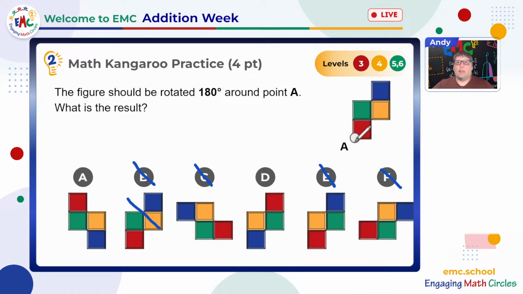If I've only gone halfway around, I'm going to have red on top. And then we check what would be below red. Well, blue will be at the bottom, and then blue will touch yellow, and green will touch red. So we check the two we have left, and yeah, they both have the same thing. We just have to figure out, is it going to look like that, or is it going to look like this one when I flip it around?